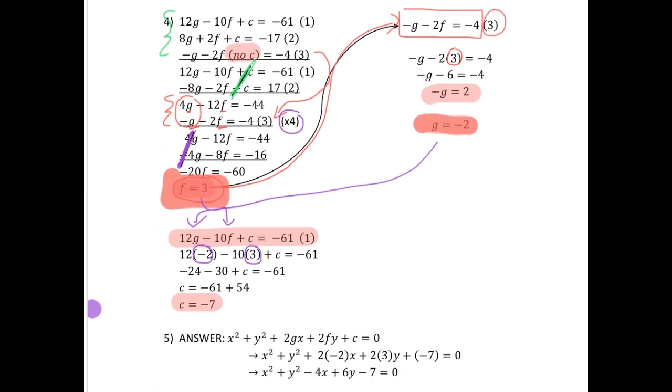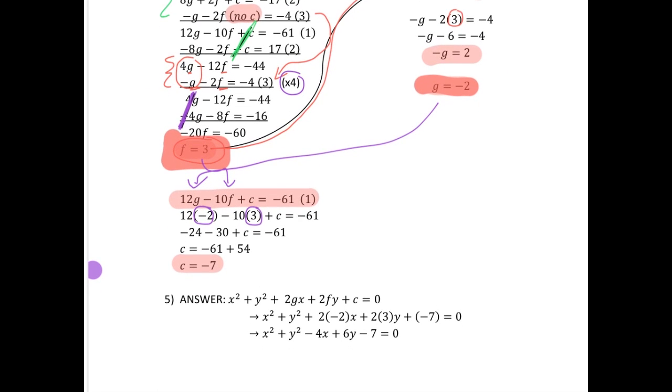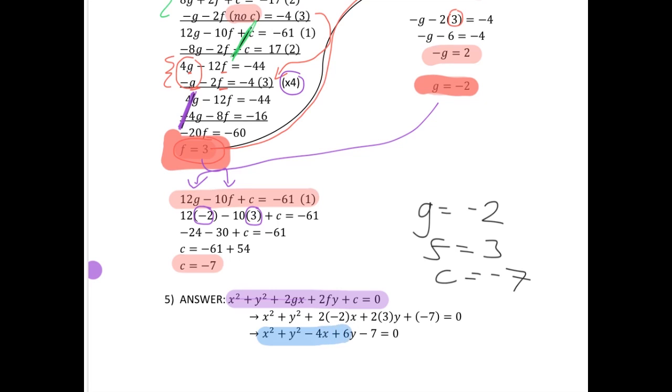So then all we have to do is take our general form here and fill in our values for g, f, and c. So g is minus 2, f is 3, c is minus 7. Filling those values in and simplifying our expression, we find that the equation we're looking for is x squared plus y squared minus 4x plus 6y minus 7 equals 0.